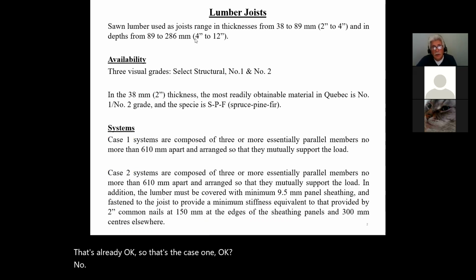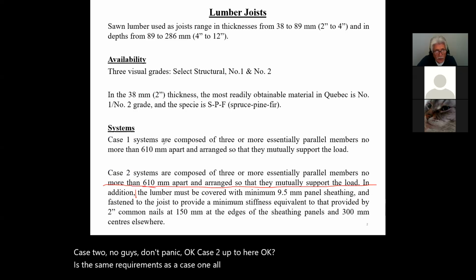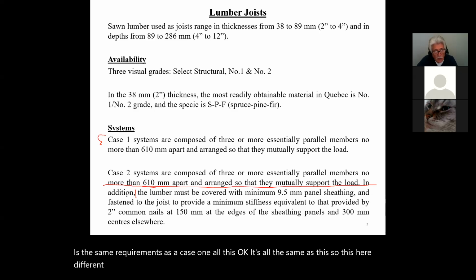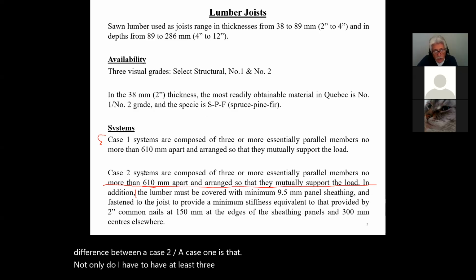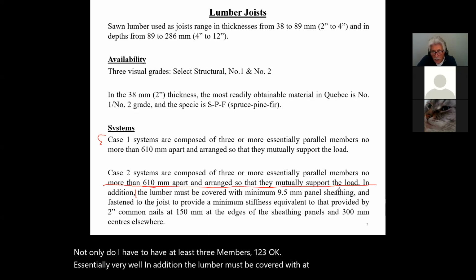Now, case 2. Guys, don't panic. Case 2 up to here is the same requirements as a case 1. All this is all the same as this. The difference between a case 2 over a case 1 is that not only do I have to have at least 3 members, 1, 2, 3, in addition, the lumber must be covered with a minimum of 9.5 millimeter panel sheeting.